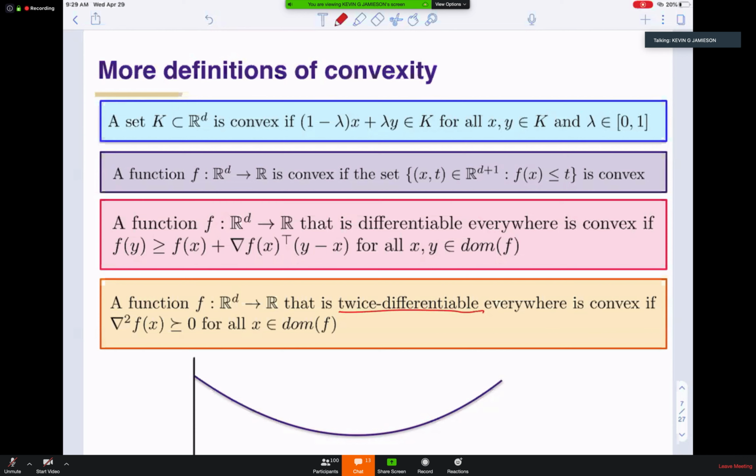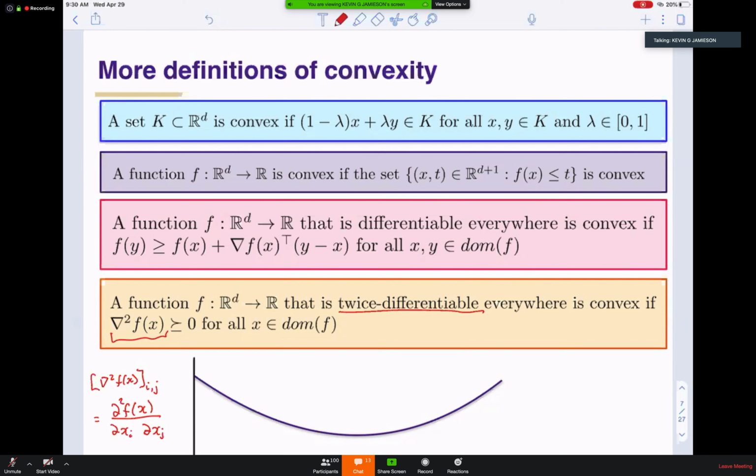The function f is convex if its Hessian, grad squared f of x, the matrix ij, is equal to the second partial derivative of f of x with respect to xi and xj. It's the derivative with respect to the ith coordinate and the jth coordinate.